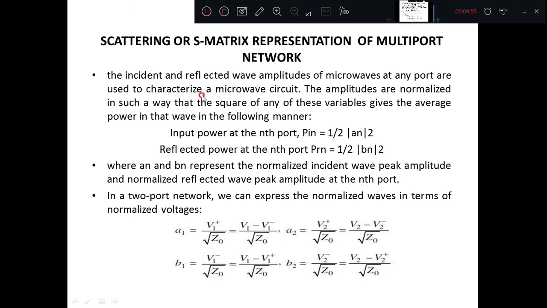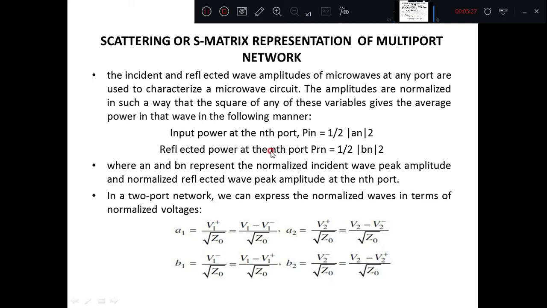They are normalized in such a way that the square of those amplitudes always gives the average power in that wave. The input power at the nth port is given by Pn is equal to half of An squared, where An is the normalized peak amplitude of the wave incident at the input side.